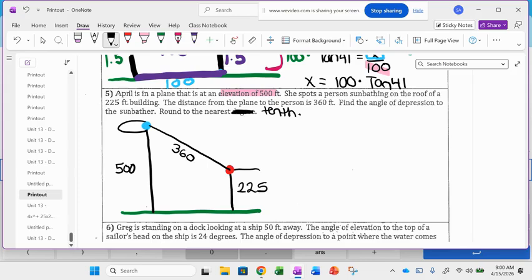So if the angle of depression is coming from April to the sunbather, April, this blue point, is our starting point for the angle of depression. And now remember, an angle of depression is always one segment looking down, or one ray of it looking down. But what does the other side of the angle have to be for angle of depression and angle of elevation? Anybody remember?